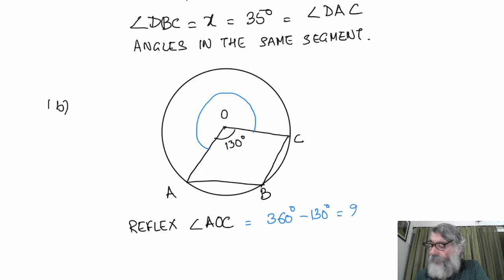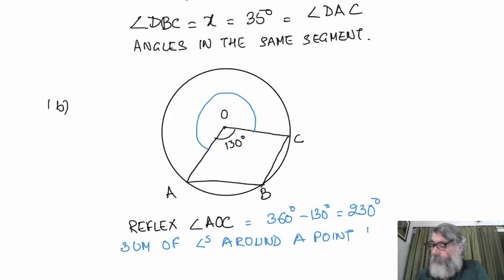So that will come out to be 230 degrees. Why? The sum of angles around a point is 4 right angles, or 360 degrees. So this reflex angle has come out to be 230 degrees. Let me name this point P.